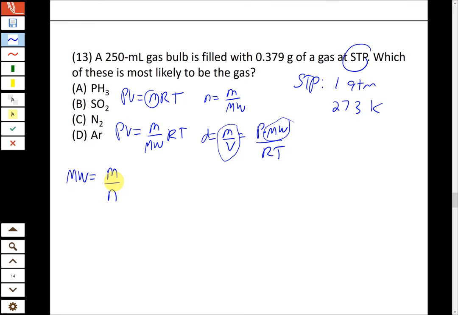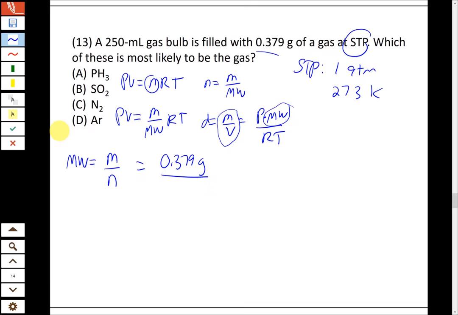Okay, so let's do the second way, just in case you forgot the density equation or that we even had it. If you don't remember that we have an equation for density, but you remember PV equals nRT and the definition of molar mass, then we can use those two together. So our molar mass is mass divided by number of moles. We're telling you that we have 0.379 grams. And then we divide that by the number of moles that we get from PV equals nRT.